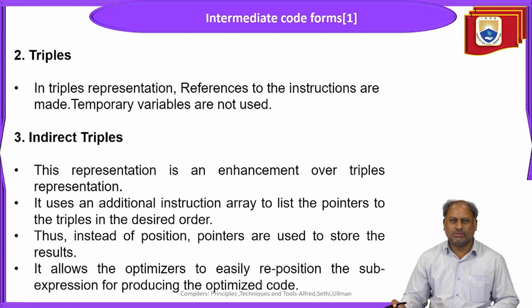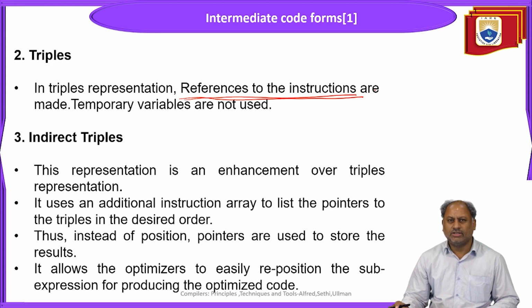We know that there are 3 representations: quadruple, triple, and indirect triple. Now we have seen quadruple. The second one is triple representation. Here we are going to write a reference to the instruction.